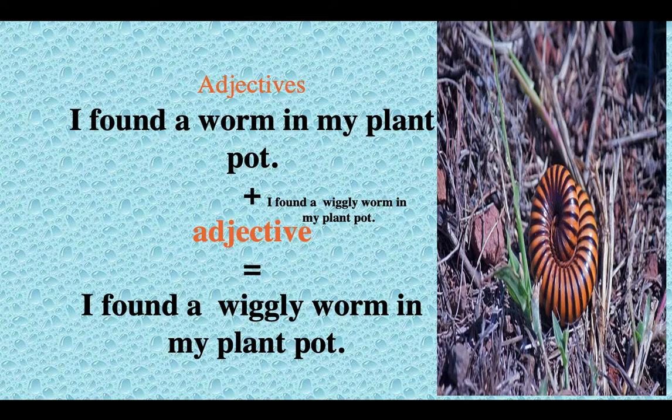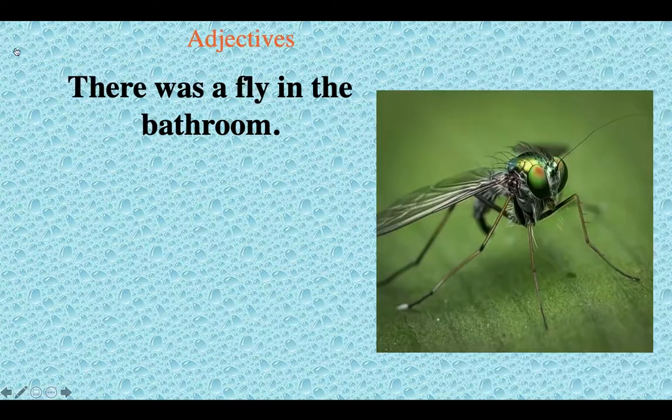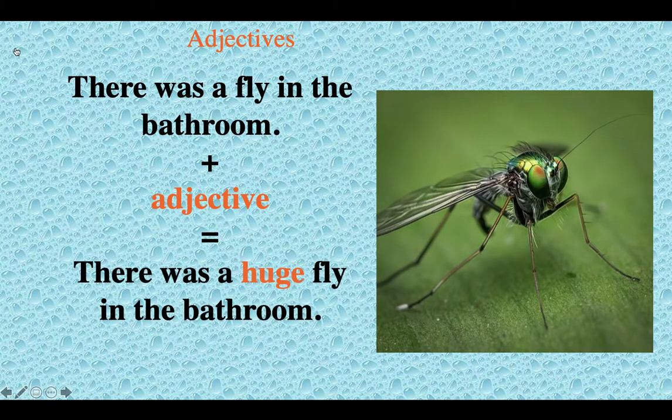Let's have a look at some more examples. There was a fly in the bathroom. So if I have to add an adjective to this, what could be an adjective? Can you guess from your side? Well done. But I ended up with something else. There was a huge fly in the bathroom.